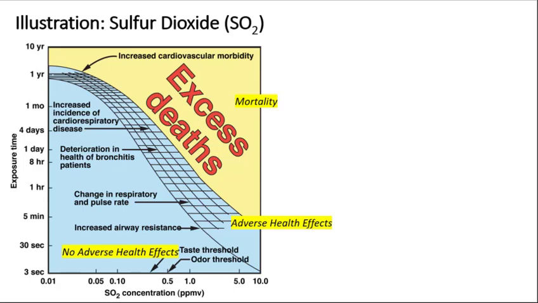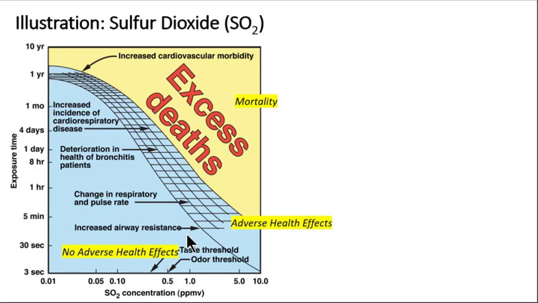Explaining further by example, if a person or population were exposed to 1 part per million for 30 seconds, no adverse health effects would be expected. However, if the exposure to 1 part per million becomes longer, health effects begin to occur.